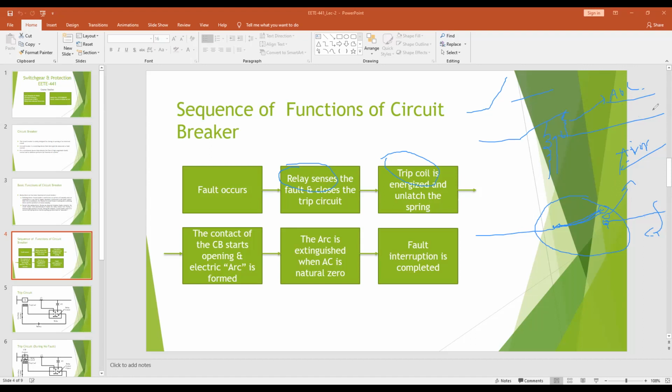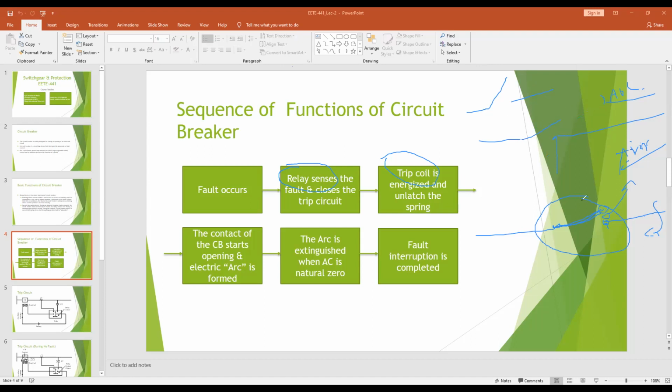So in order to stop the fault current, what is the next step? The next step is that you have to extinguish this electric arc. Whenever you are successful in extinguishing this electric arc, then a complete open circuit is formed.